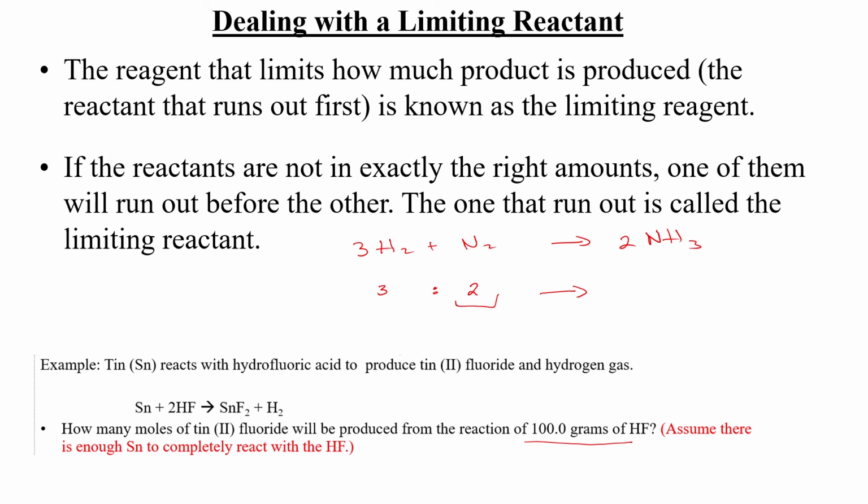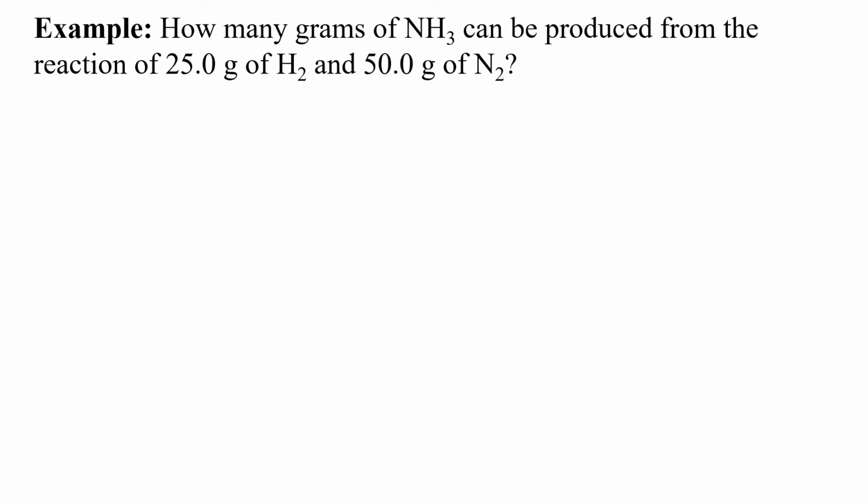So we have to start working with hydrogen fluoride and convert the hydrogen fluoride to the product. But it will not happen all the time. Sometimes you will see that both reactants are given, and the first step for you will be to identify the limiting reactant. So we will see how to do that.